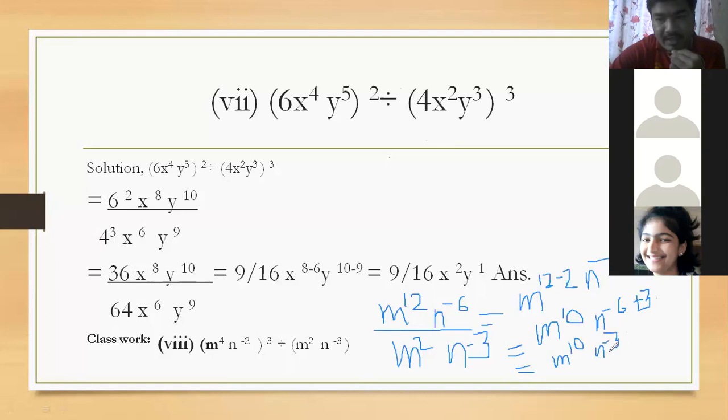Or you can take this down also. Power negative, then you can take it down. Okay, children? It will be m to the power 10 by n to the power 3. This is the answer.